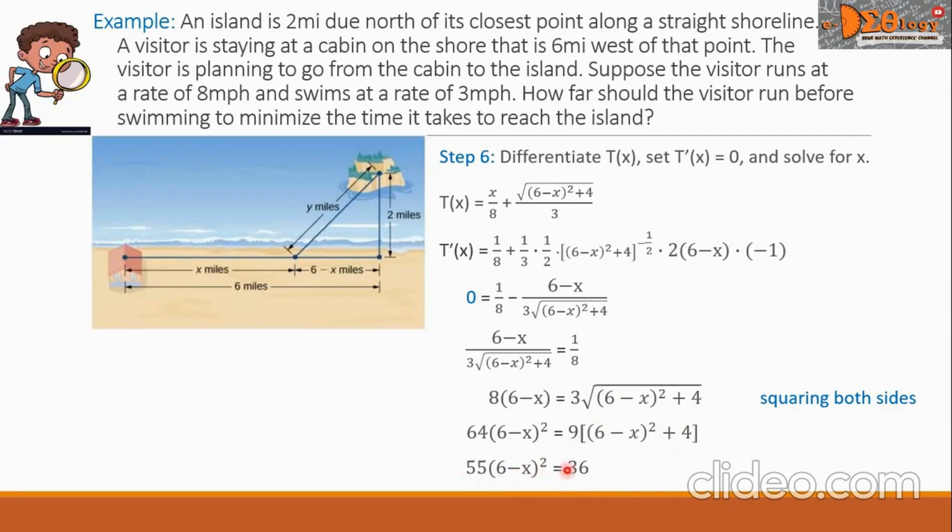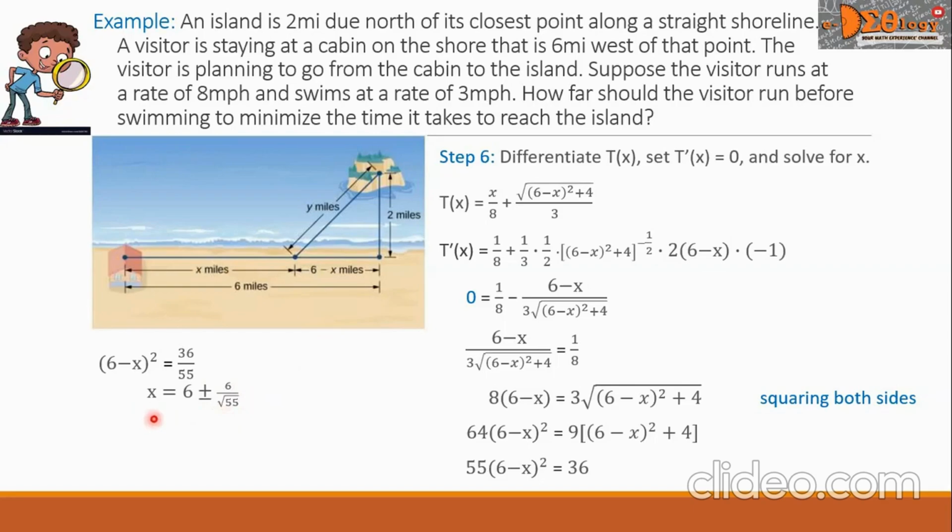Let us divide both sides by 55. So we will get 36 over 55 on the right side, while the left side will be the square of the quantity 6 minus x. Let us take the square root of this equation and then solve for x. The value now becomes x equals 6 plus or minus 6 over the square root of 55.